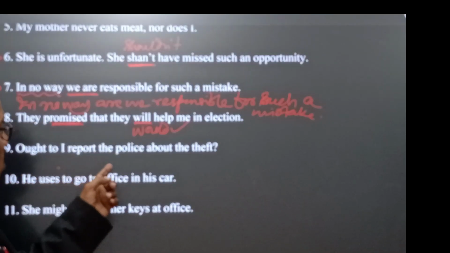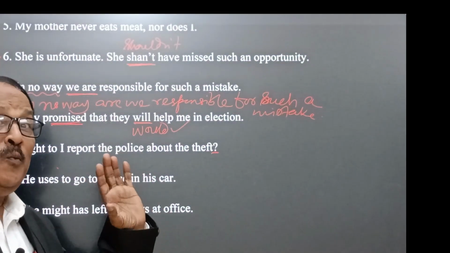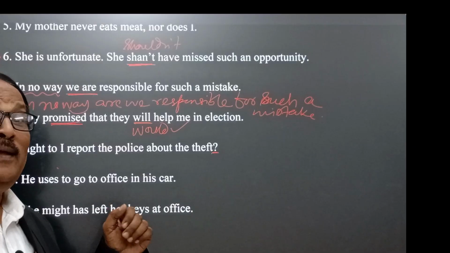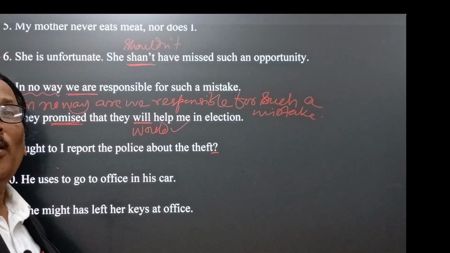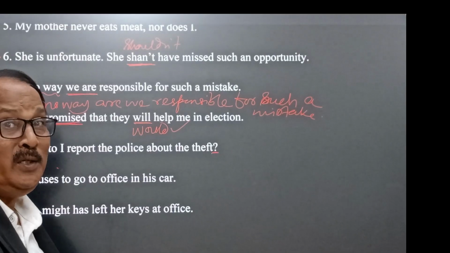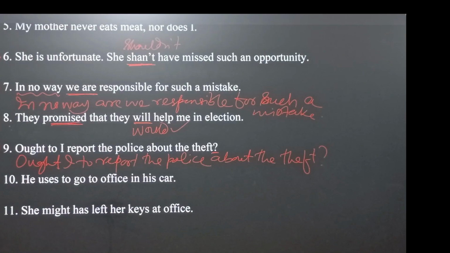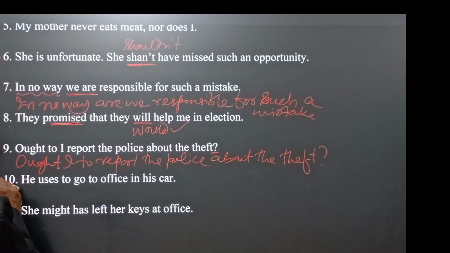Ought to I report the police about the theft? Remember, whenever we use ought to in an interrogative sentence, definitely to is separated from ought and the subject is used in between. Ought I to report the police about the theft? This is the right answer. The question number 10.